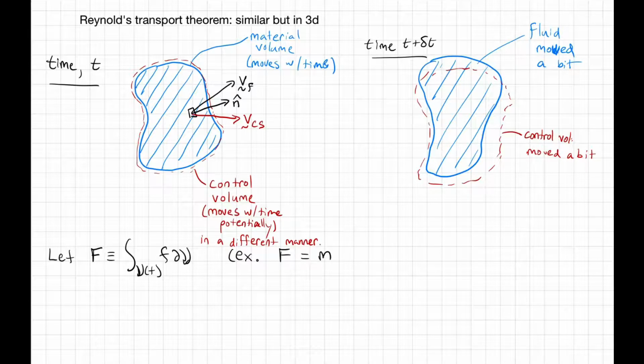For example, I'm often interested in calculating the total mass of a chunk, in which case I would integrate the density over volume and you get mass. So the pattern here is that capital F is an extensive property and little f is an intensive property. In this case, I'm writing it per unit volume.